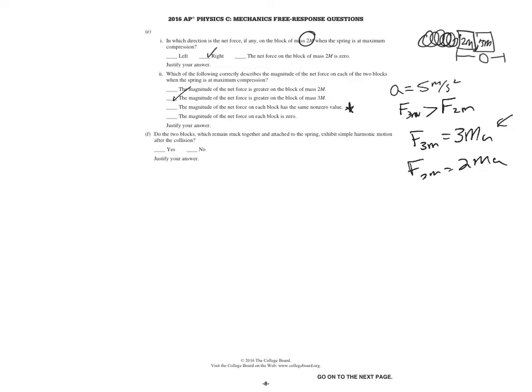And then finally, do the 2 blocks which remain stuck together and attached to the spring exhibit simple harmonic motion after the collision? It's a little bit beyond this class now because I think we are not doing simple harmonic motion, but the answer here is no. It will be moving back and forth, but the motion won't be harmonic because it is a non-linear force.